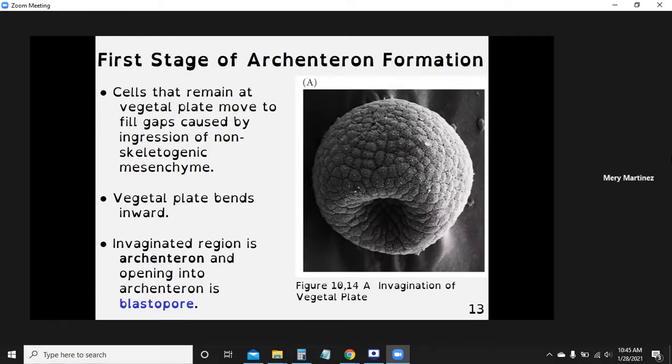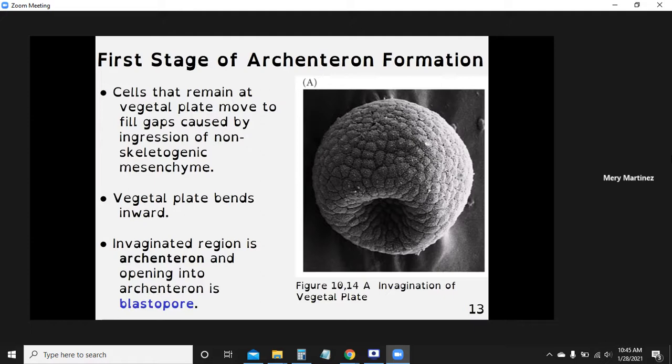So the first stage of the Archenteron is invagination. As the non-sclerogenic mesenchyme leaves the vegetal region in this section of the blastocele, important changes occur to the cells that remain in that vegetal plate. They start moving to fill the gaps caused by the ingression of the non-sclerogenic mesenchyme.